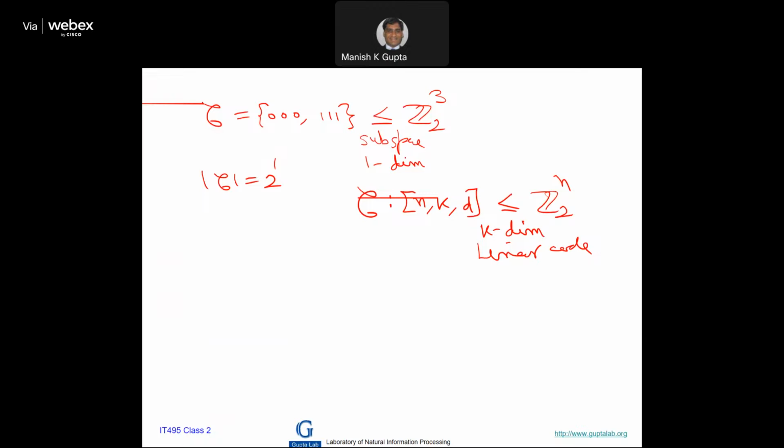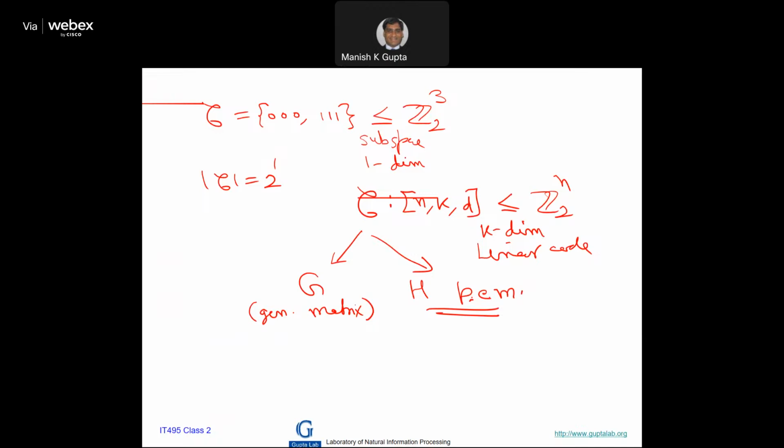One is known as the generator matrix, consisting of all the basis elements, which can generate the whole space. It can be described by G and it can be described by H. H is known as the parity check matrix. I'll talk about it in a minute. But G is known as the generator matrix.